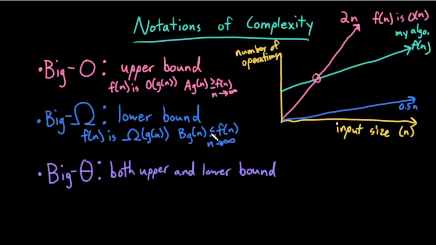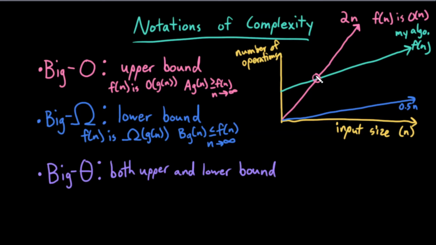Again, this got kind of mathy, but what does this mean? I have some function g of n. G of n is just n times some constant, 0.5 is some arbitrary constant, and it is less than f of n as n approaches infinity.